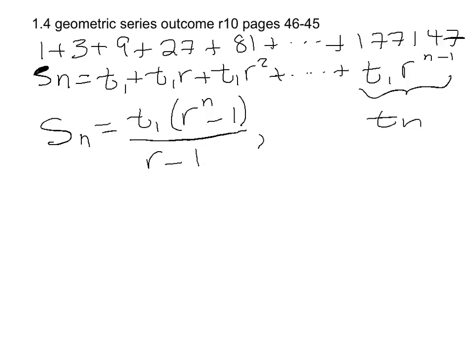Now there's a condition that we have to put on here, and that condition is that r can never equal 1. Now why is that condition necessary to state? Well, because you can never divide by a 0, and if r was equal to 1, then you would end up with a 0 right there. So that's important to note.